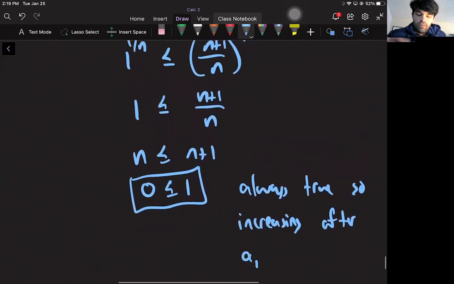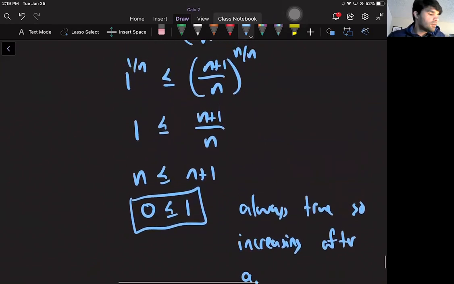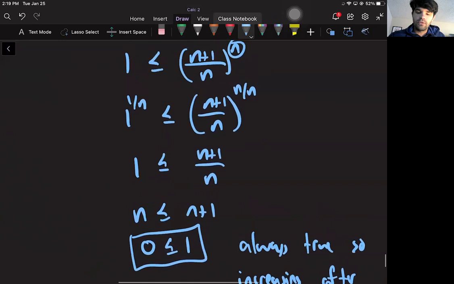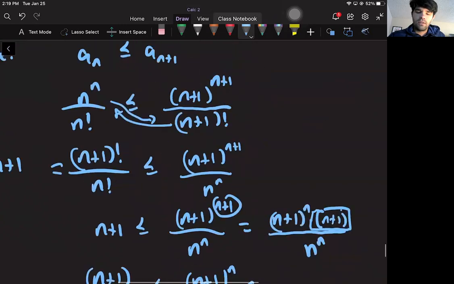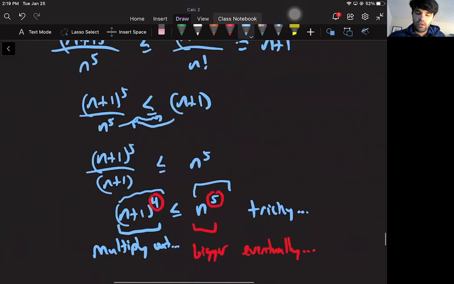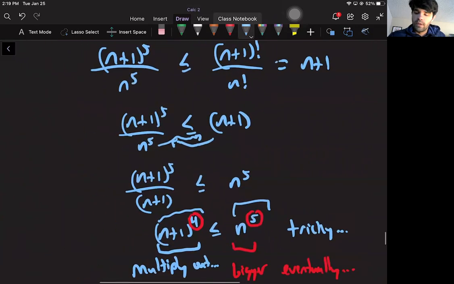So these are the most common types of increasing, decreasing examples. You may run into other ones. Ones like the one I didn't finish, you're not going to run into, just because I'm not going to put them on there.